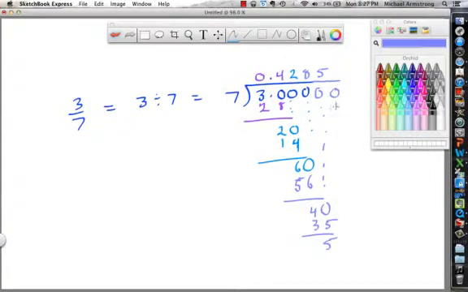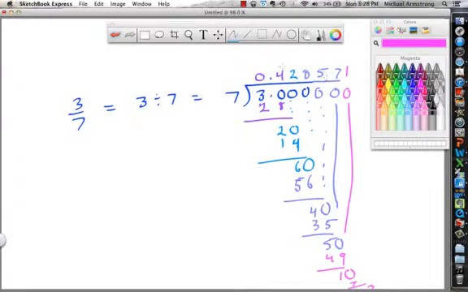Keep getting a different one every time. Bring down your 0. 7 goes into 50. 7 times 7 is 49. This leaves us with 1, which comes down as a 10. And we still haven't repeated. 1 times 7. We're going to go to 30. Now we're back to 30, which is where we started. 1 times 7 is 7, which leaves 3, and we'd bring down the 0.